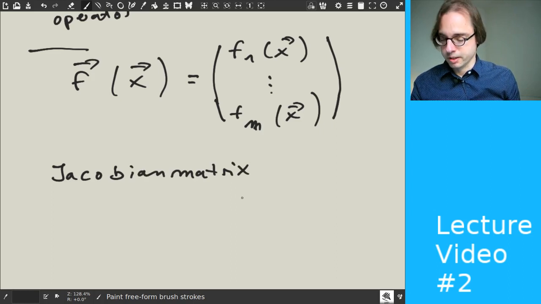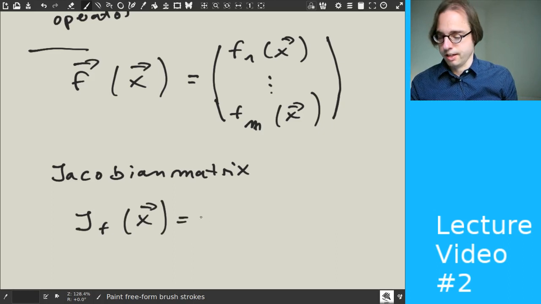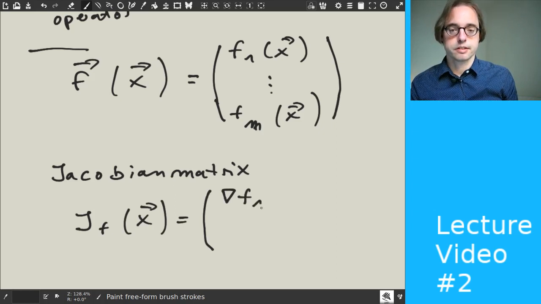The Jacobian matrix is J_f, so that's the notation here, and that's simply a matrix where each row contains one gradient.